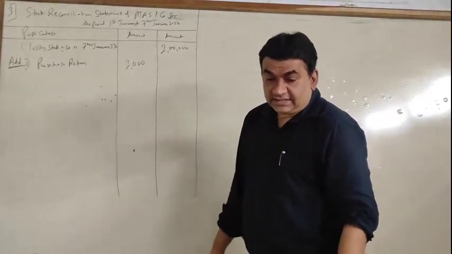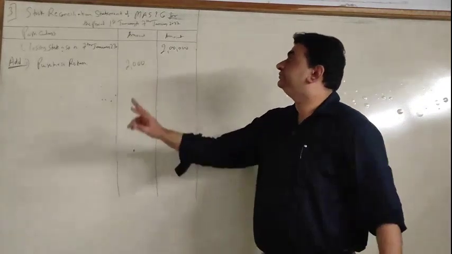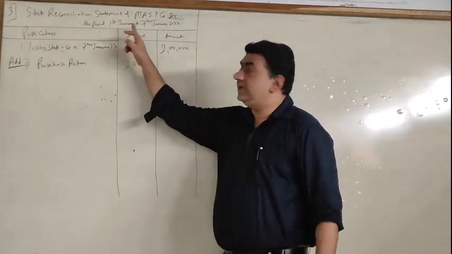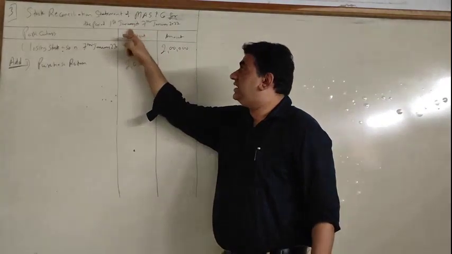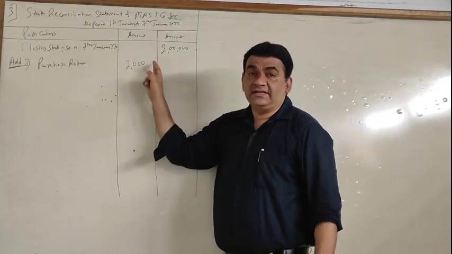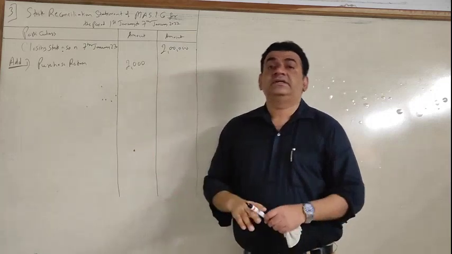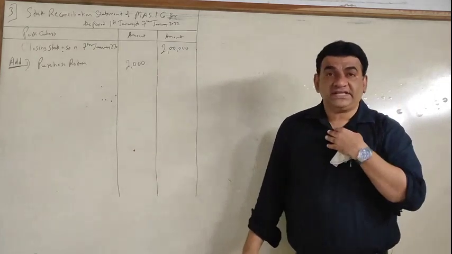Next, sales during the above period 70,000. Again see, you have sold in the period 1st Jan to 7th Jan. In this period it went out. I want my stock on 31st December. On 31st December it is my stock.